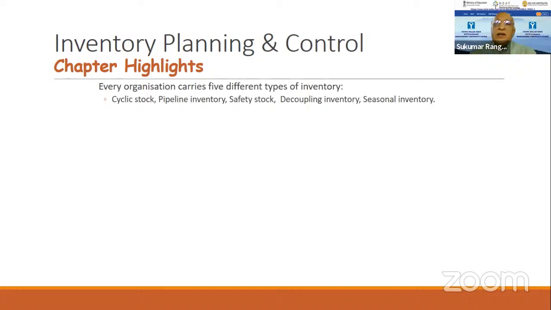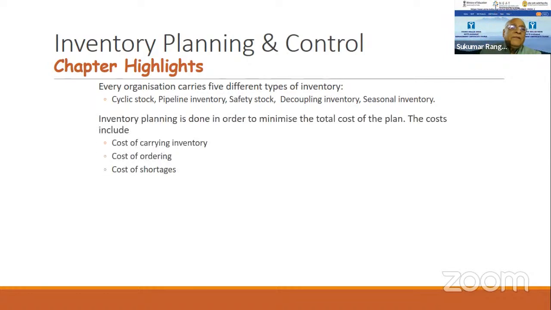So, chapter highlights, just coming back to this. Every organization carries 5 different types of inventory: cyclic stock, pipeline inventory, safety stock, decoupling inventory, and seasonal inventory. Inventory planning is done in order to minimize the total cost of the plan.